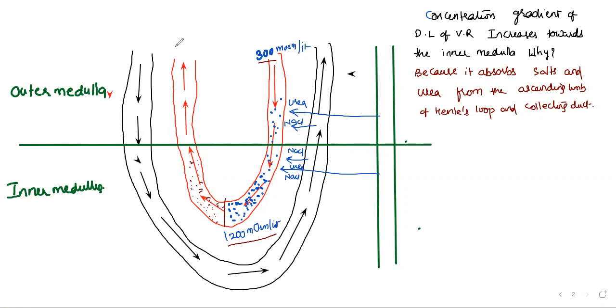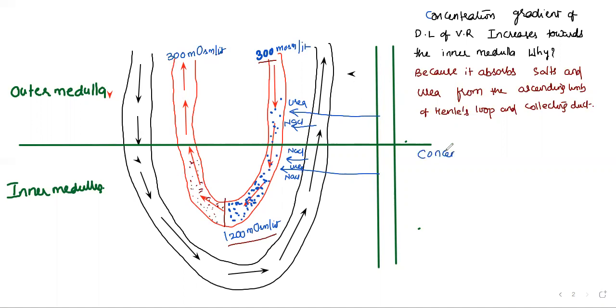The second statement: the concentration gradient of the ascending limb of vasa recta is going to decrease towards the outer medulla. Means when you go to the outer medulla, the concentration gradient is getting decreased.